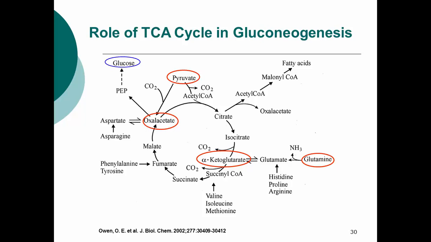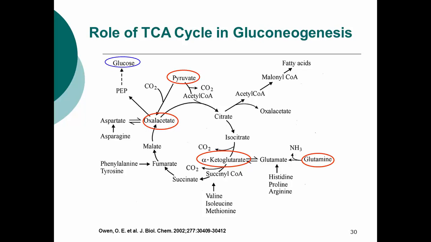Now let's talk about the role of the TCA cycle in gluconeogenesis. I think we did, right? I just wanted to remind you again that glutamate can be utilized for gluconeogenesis, converted to alpha-ketoglutarate, and then converted to succinate, fumarate, malate, and to oxaloacetate. And this process is the anaplerotic process, right?